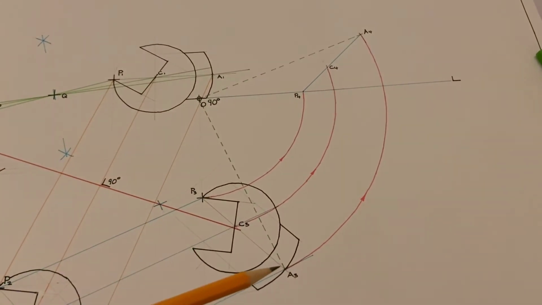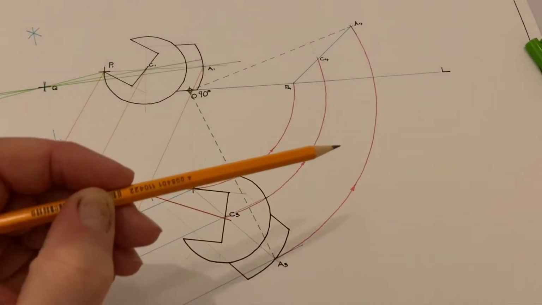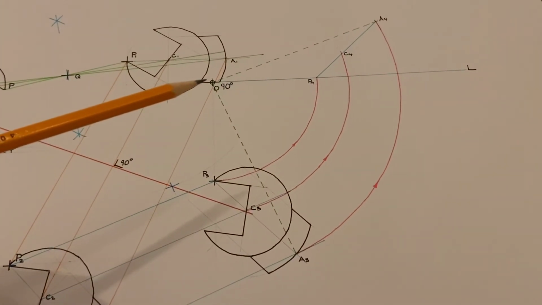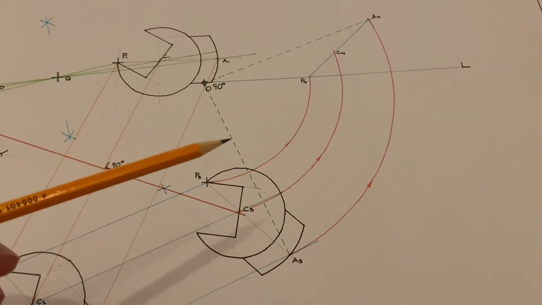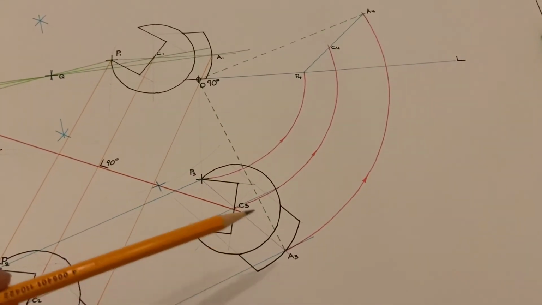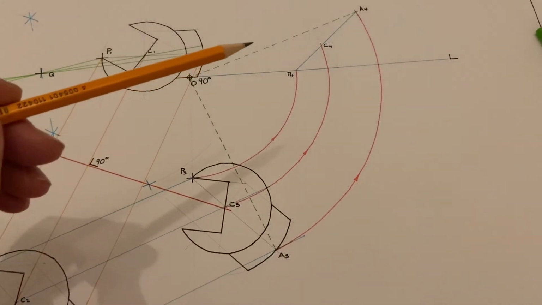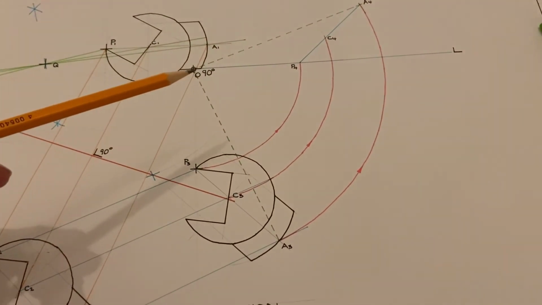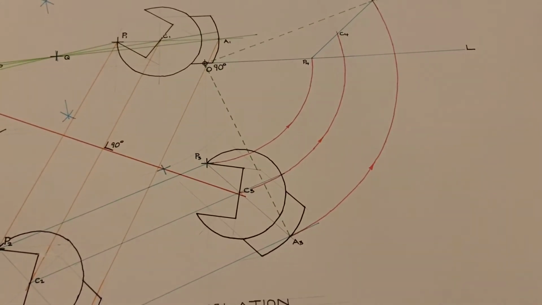This means that A3 must also rotate through an angle of 90 degrees. So once you have your line drawn from O to A3, this additional line comes off that at an angle of 90 degrees to this dashed line.